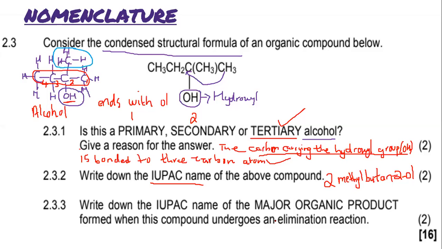Now, as we can see that it's on carbon number 2, then the other rule is that between a letter and a number, I need to have a hyphen. So this is going to be called 2-methylbutanol. So this will be the name of the molecule. Are we together?